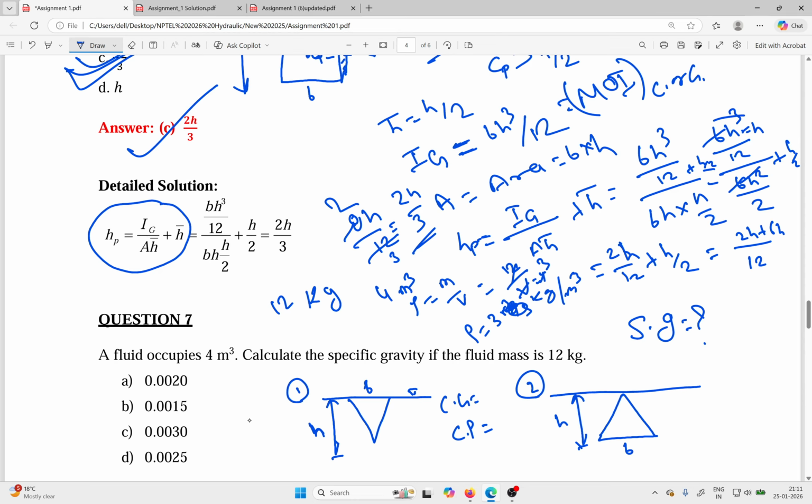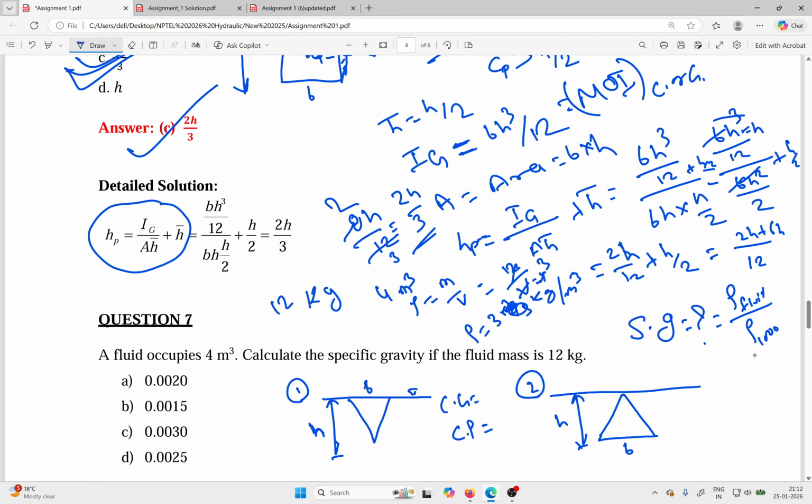Now what will be the specific gravity? Specific gravity is the density of the fluid divided by the density of a standard fluid. For a standard, we'll consider water.